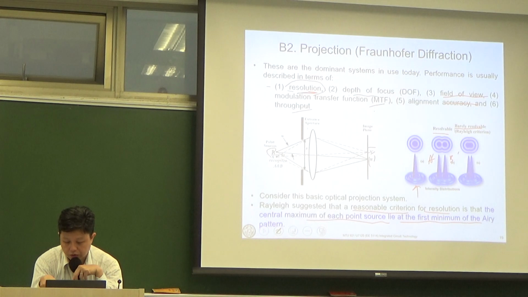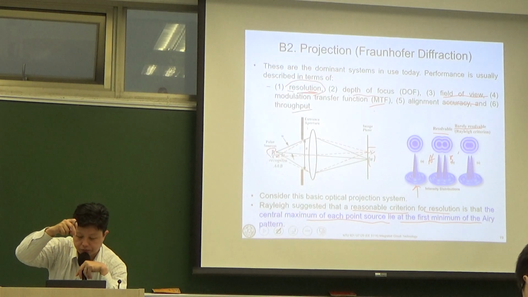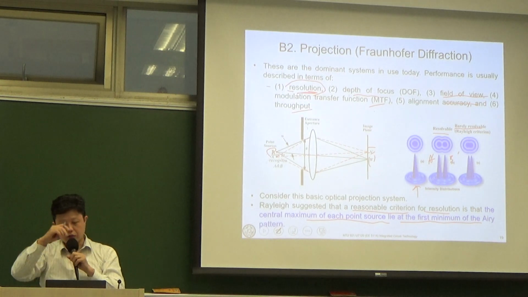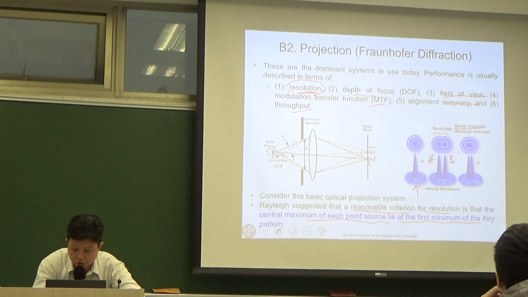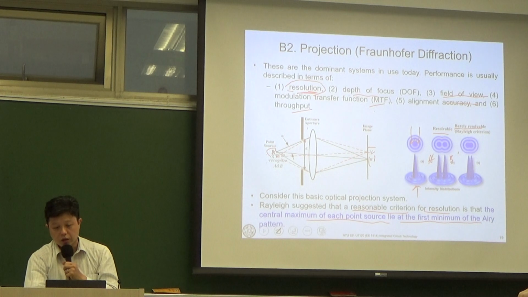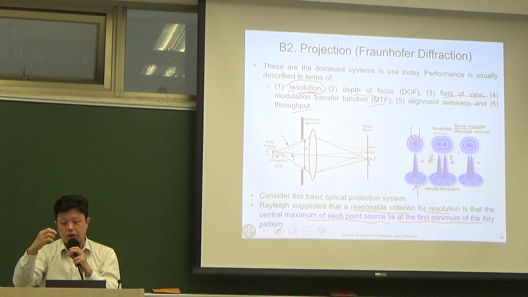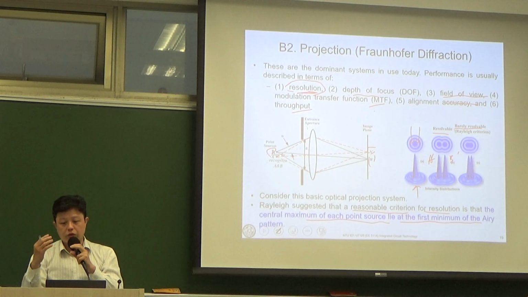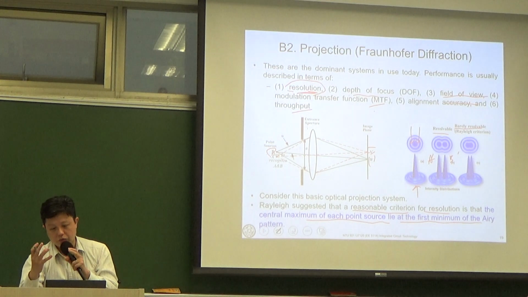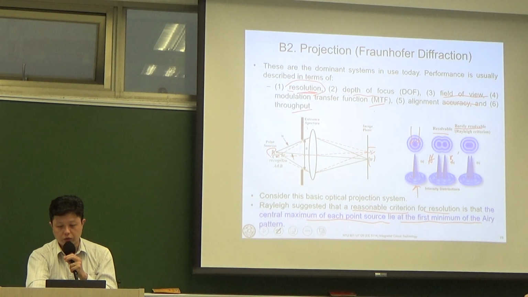You have your central maxima, right? If it just lies at the first minima, here and here, if you just touch here, where the peak lies at the first minimum, we can barely say there are probably two points that we can identify.